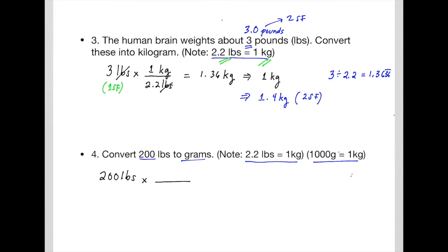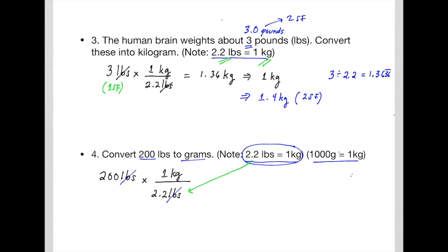So the first dimension that I'm going to use is this. My goal is to cancel the pounds, so I will use this. So now, I will write this 2.2 pounds on this portion. So we have 2.2 pounds and then 1 kilogram. As you can see, I cancelled already the pounds.